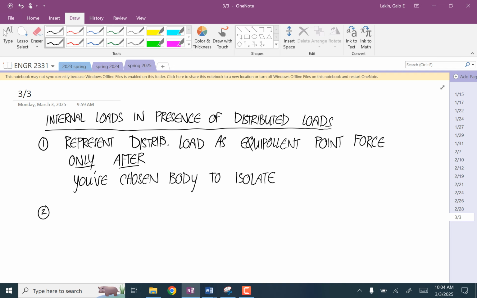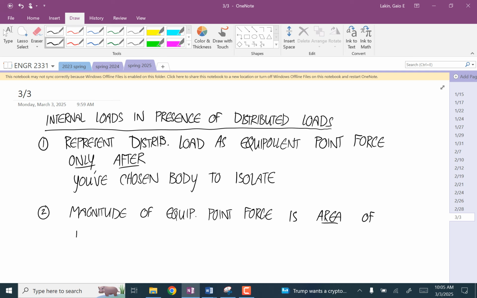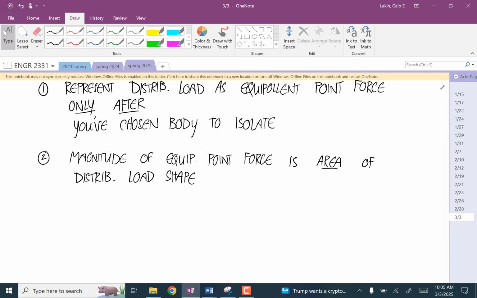Second, the magnitude of the equipollent point force is the area of the distributed load shape. So if it's a triangular distributed load, you're just calculating the area of a triangle, that kind of thing.